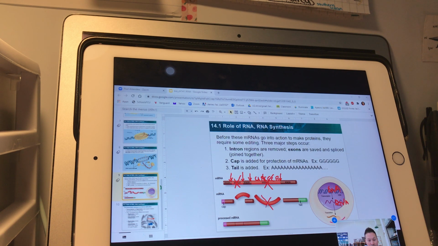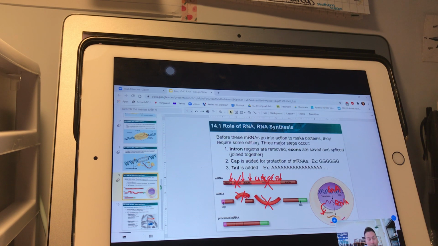This trash, recycle. This piece, that piece, and this piece reconnect. And here, this is a mature processed piece of messenger RNA. Then this piece prepares to travel out into the cytosol.